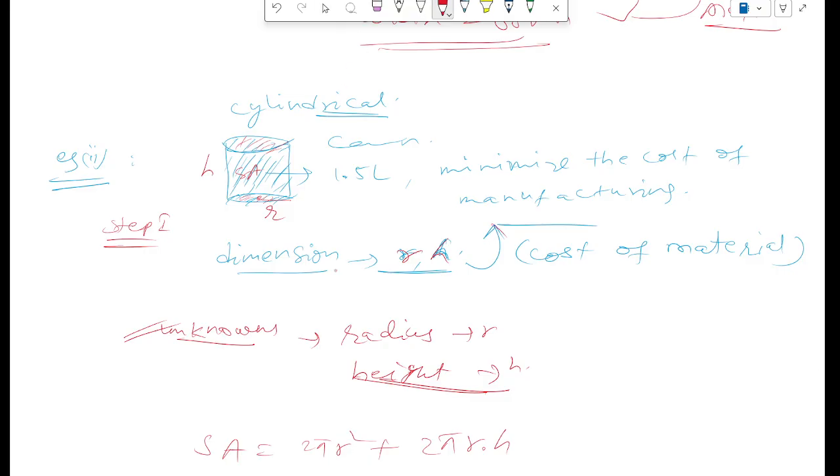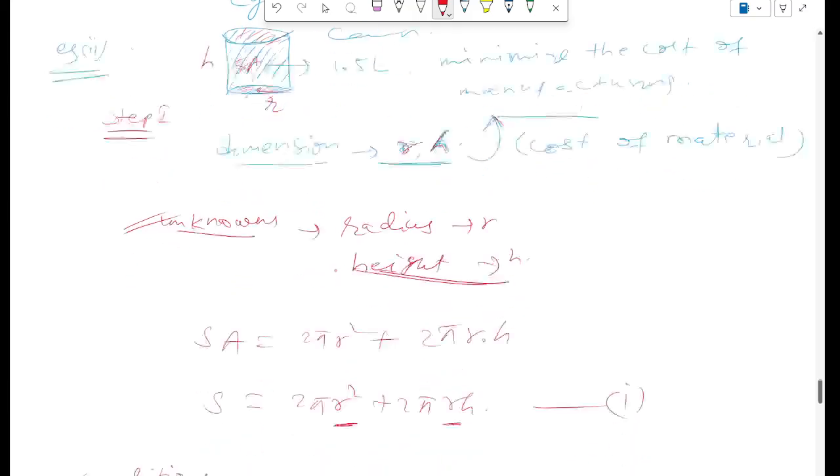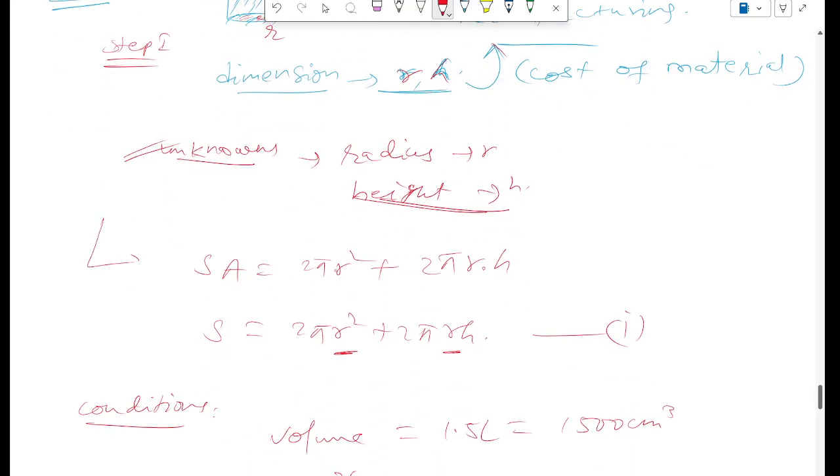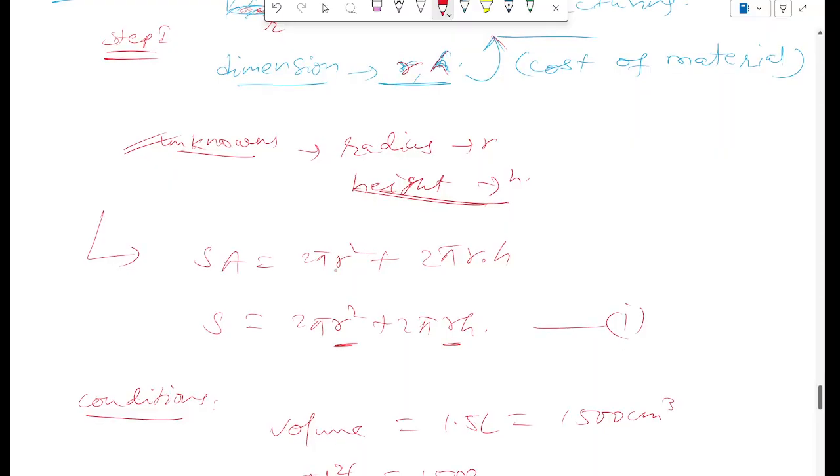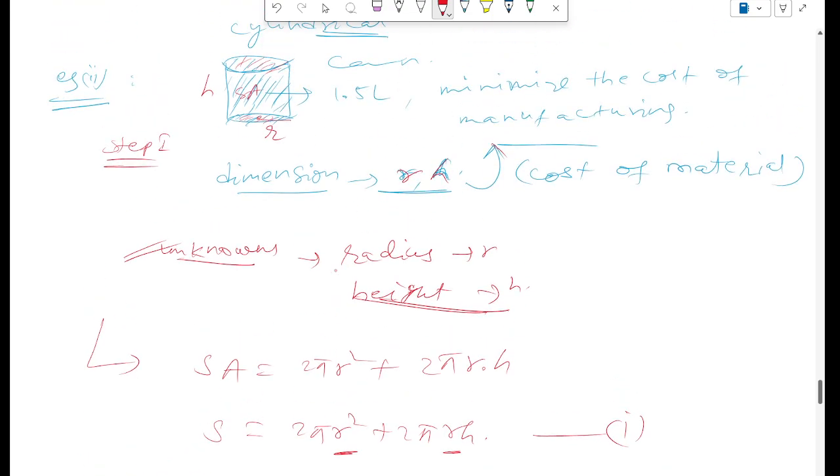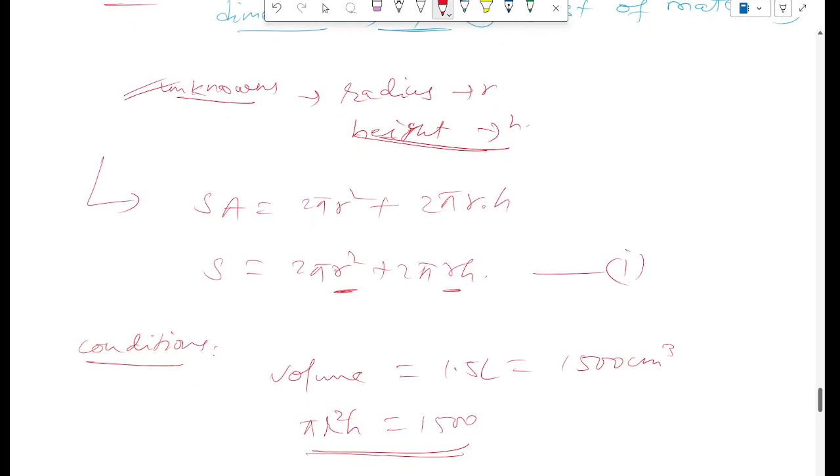We defined these unknowns, and then the third thing we did is we defined our optimization function. Here in this particular case, it was surface area that we needed to minimize. So we wrote the surface area formula, and this was a relatively easy formula for surface area of a cylinder.